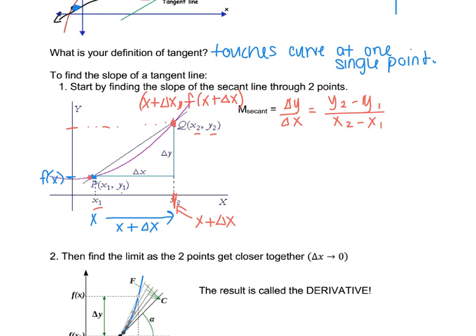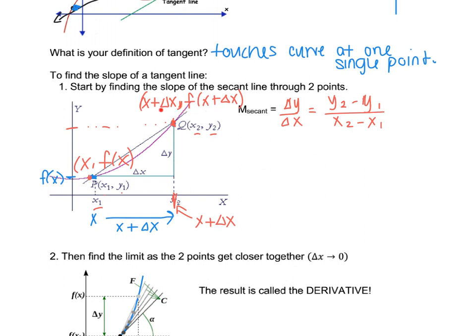This ordered pair down here we saw was just x, comma, f of x. So I just want to clarify, instead of saying x1, y1, like we did right here, I'm calling it x, comma, f of x. And instead of calling this x2, we're calling it x plus delta x, which is just whatever number I'm adding to x to get to here. So the y value of that is f of x plus delta x.